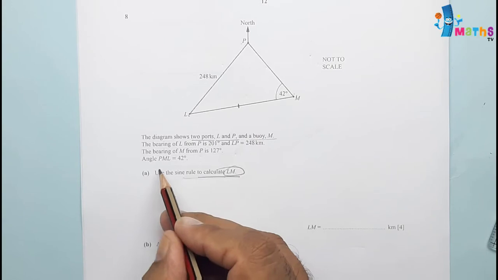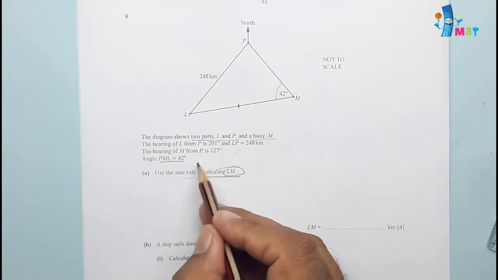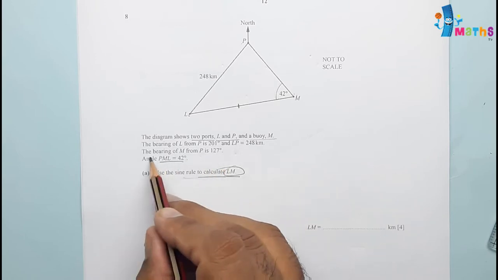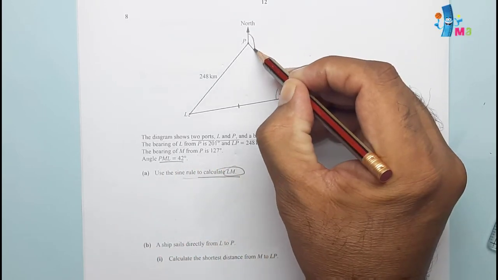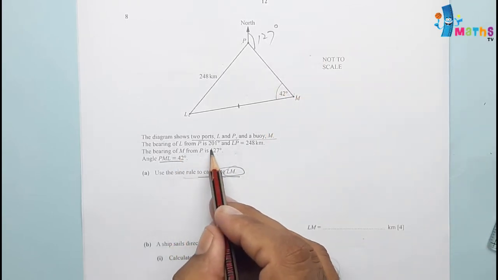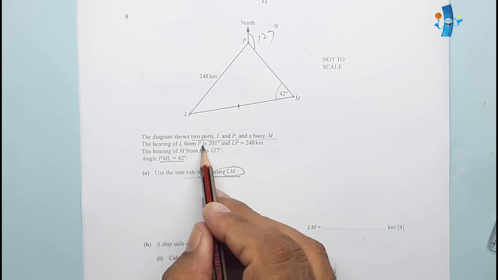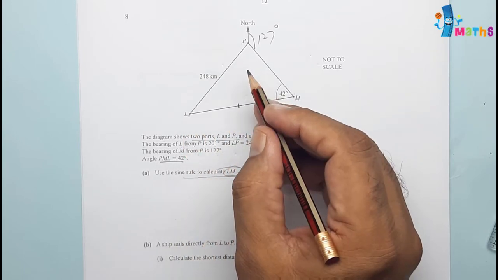This side we need, and this is 42, it is given. The bearing of M from P is 127 degrees, this is given, plus the bearing of L from P is 201.